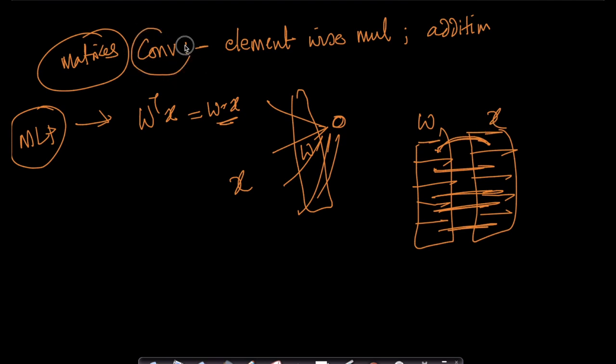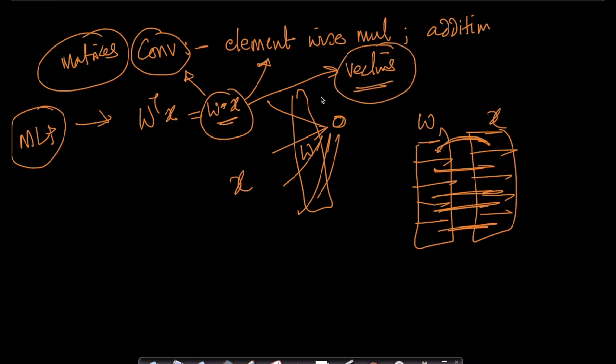So convolution is nothing but a generalization of dot product, if you want to think about it that way. Even in dot product, you're doing element-wise multiplication and addition, but you're doing it on vectors instead of matrices. So a very simple way to understand the convolution operator is, it's a very similar concept to a dot product. What is this?